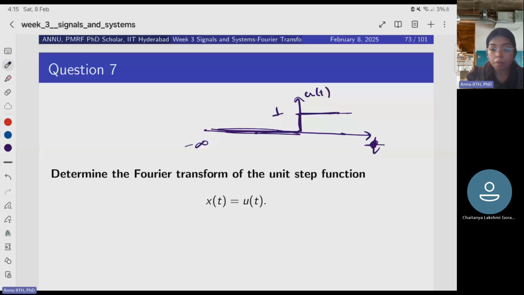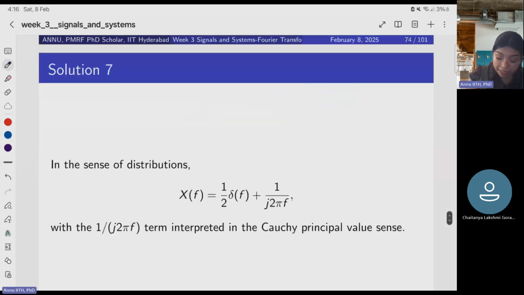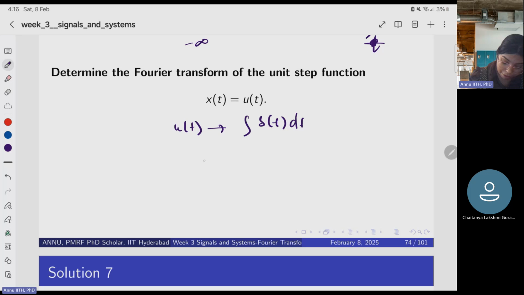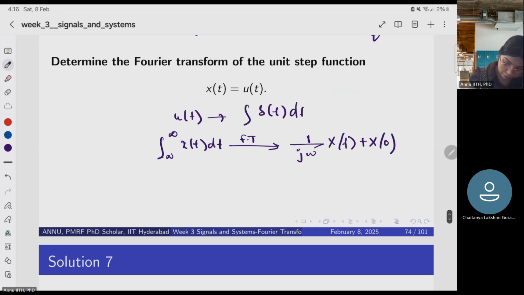Because we know u(t) is actually an integration of delta t. So whenever we talk about integration, if integration is written as x(t) dt, then in Fourier transform it's just a multiplication of 1 upon j omega X(f) plus X(0). Okay, so yes.